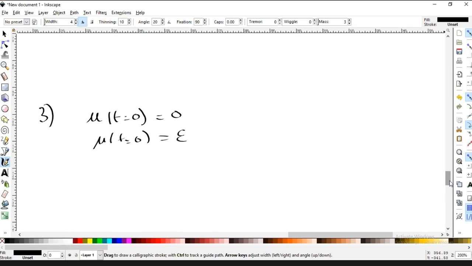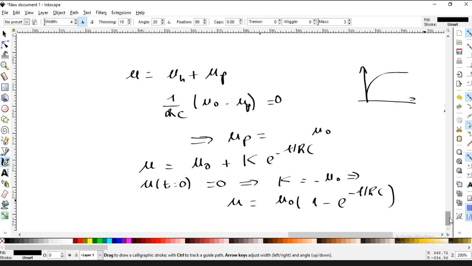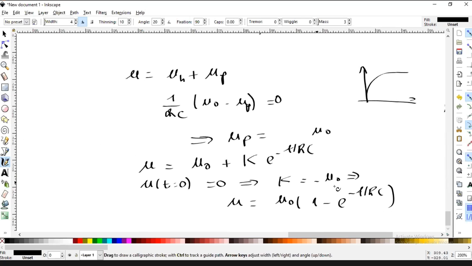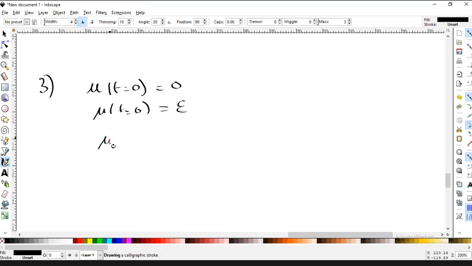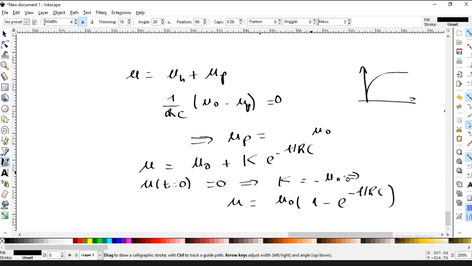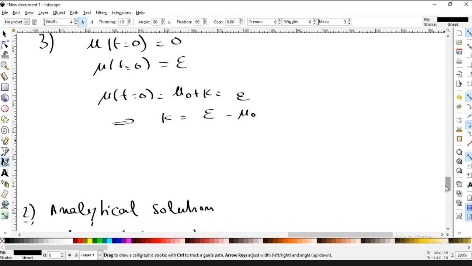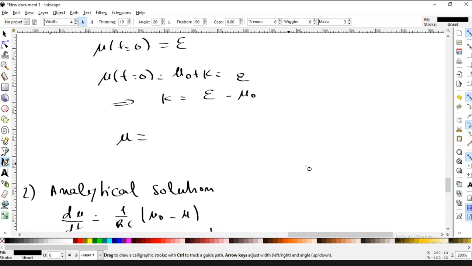So if instead of 0 I take epsilon, I will express here, so I get u of t equals 0 is equal to u0 plus k is equal to epsilon, and k is equal to epsilon minus u0.